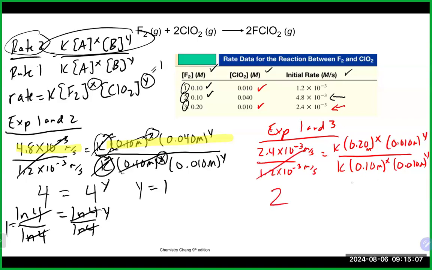That's going to give us a 2. These K's should cancel. When we do the next one, that's going to give us 2 to the X, and these should also cancel. And here we can see that x is equal to 1 in this case as well.